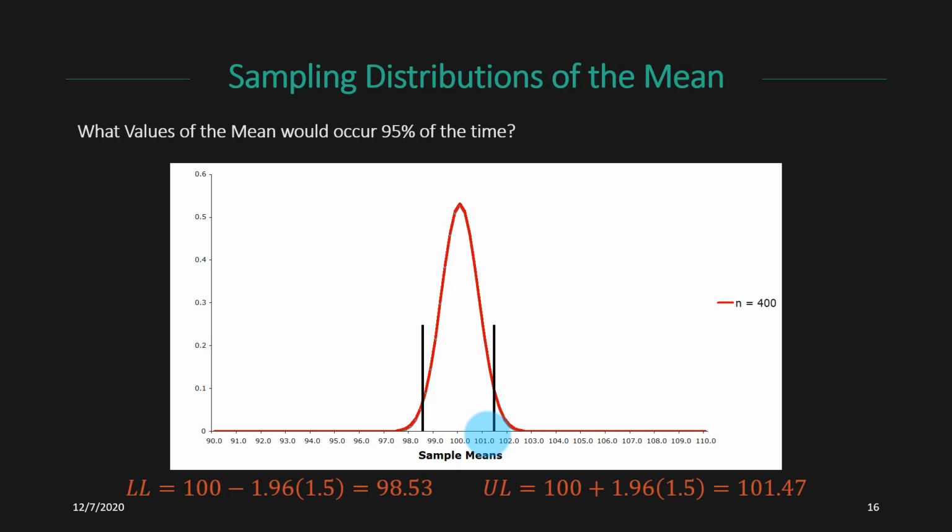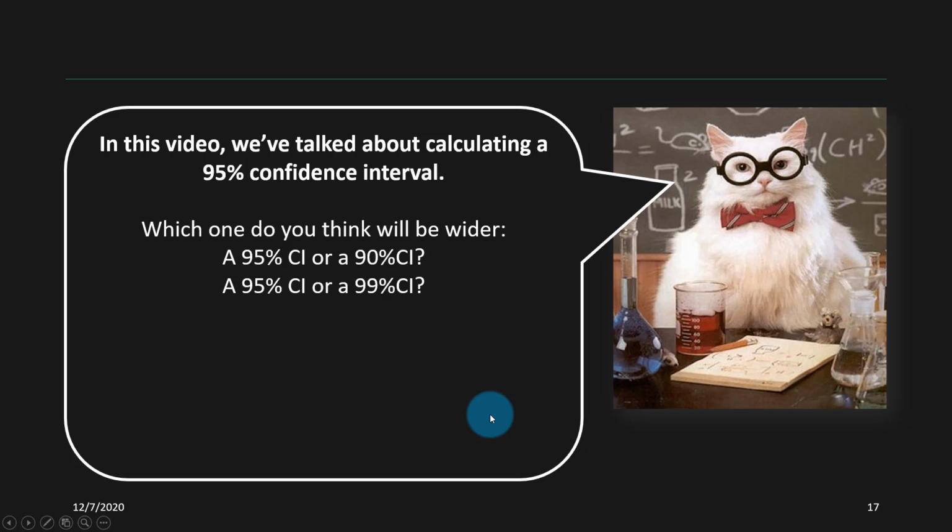But to actually convert those critical z-scores into units, we need to multiply by the standard error and then subtract it or add it to the mean. And we end up with a lower limit of 98.5 and an upper limit of 101.47. 95% of sample means are going to fall in that range.